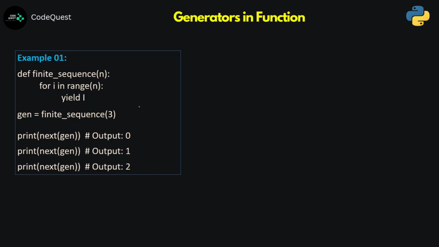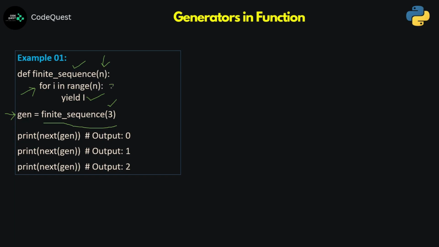Let's understand the usage of this generator function. Here we are defining a function, let's say finite_sequence, taking one parameter. There is a for loop applied on the range function with whatever value we supply to this function, and every time it yields one value. In this line, we are making a call to this function, because a generator is also a function, and I'm passing the argument 3, which is the end value.